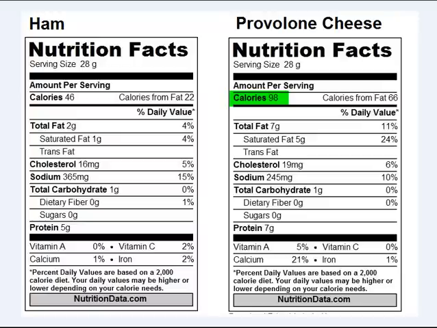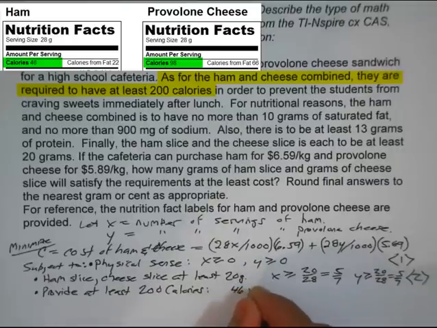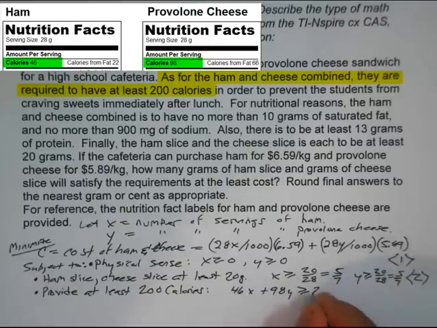So for the overall provolone cheese calories, that would be 98 calories per serving times Y servings, 98Y. Okay, let's formulate that. 46X plus 98Y must be greater than or equal to 200.